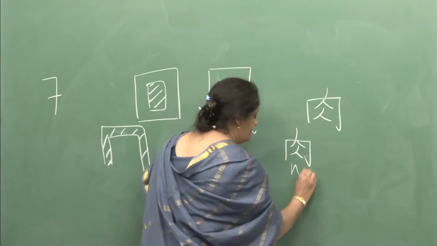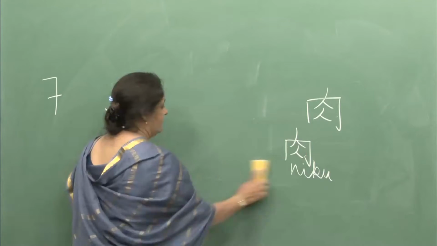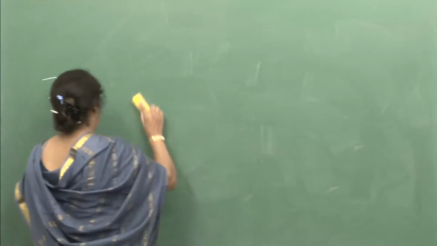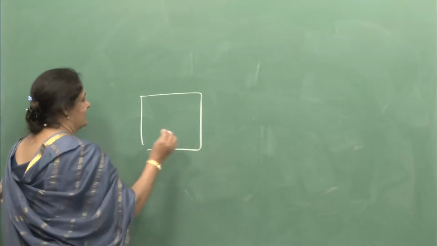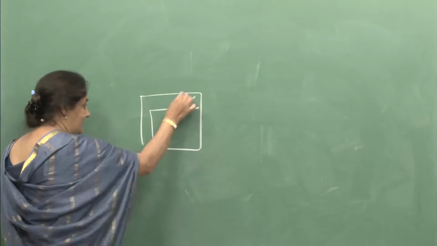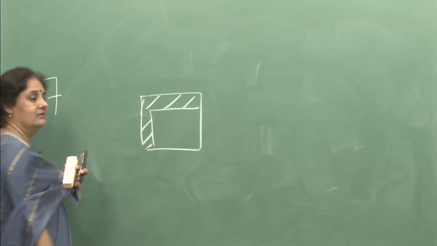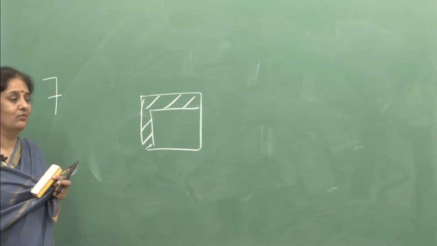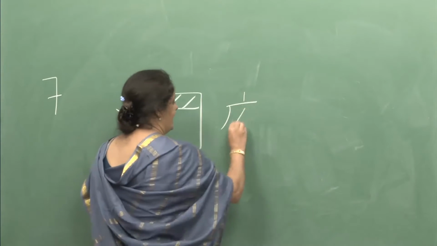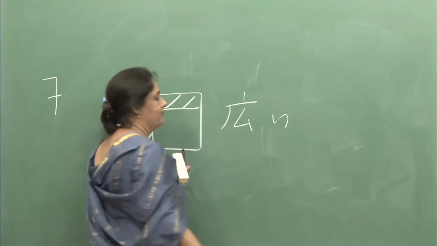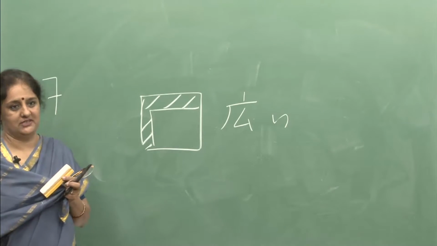Niku means meat. You could also have the radical here in a kanji character. Now, what would that be? Well, 1, 2, 3 and hiroi, that is spacious.